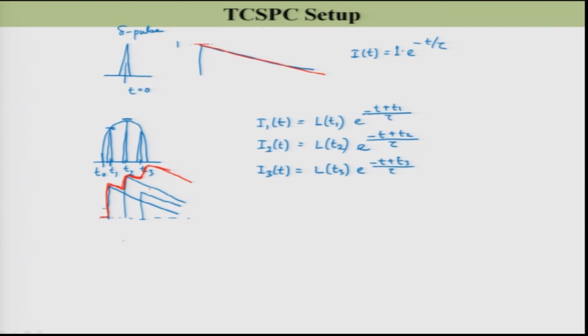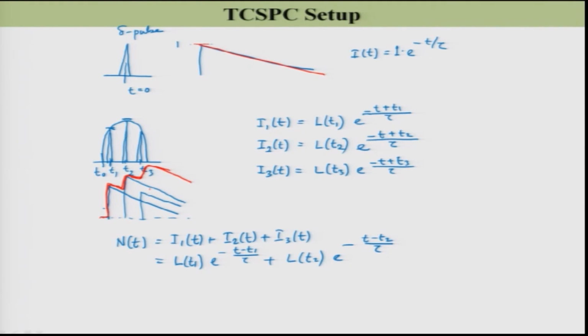So, the total fluorescence intensity I can write N(t) equal to I1(t) plus I2(t) plus I3(t). So, I can simply write L(T1) e to the power minus (t minus T1) by tau plus L(T2) e to the power minus (t minus T2) by tau.